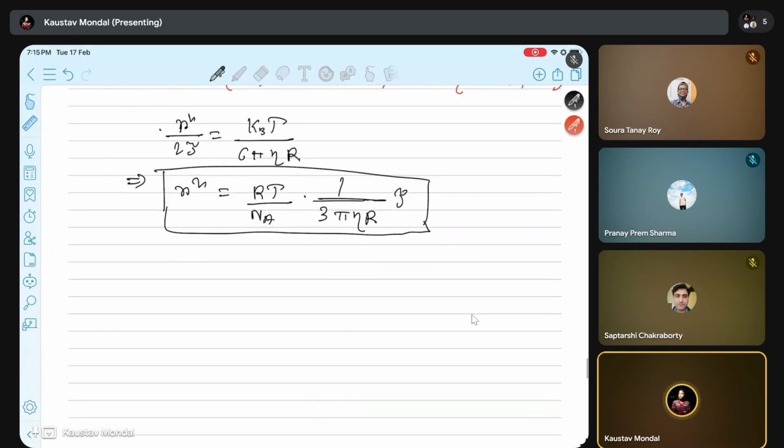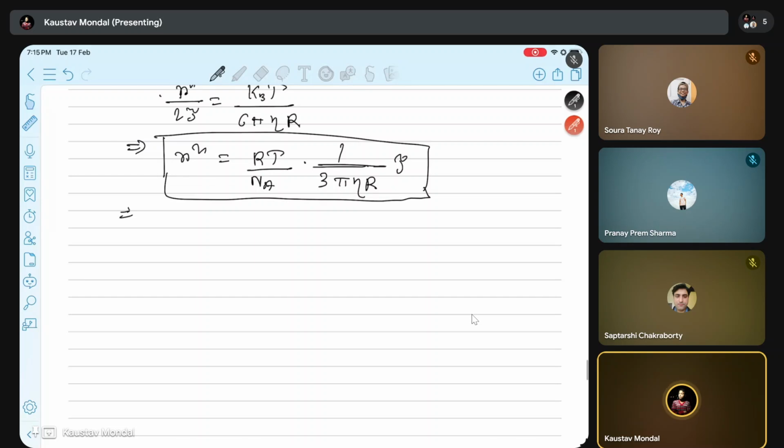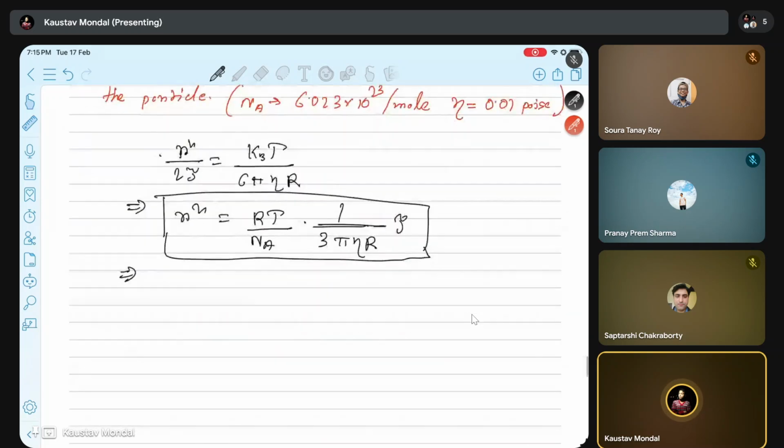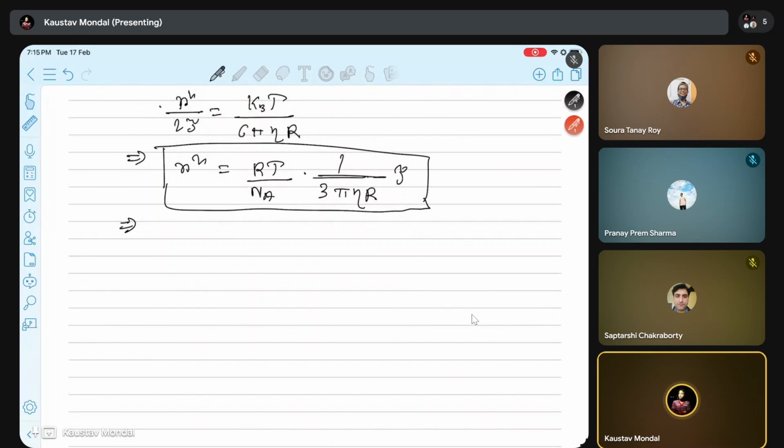Now from here you have to calculate R, the radius, so write this equation in terms of the radius. The other R is the gas constant R, so R square equals RT by Na into 1 by 3 pi eta R into tau.